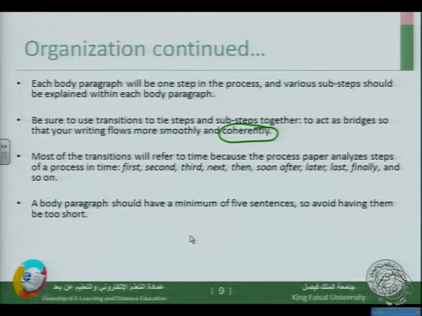For example, smoking causes heart attacks. This is my topic sentence. I need to mention some statistics or a doctor's opinion or a specialist's point of view about heart attacks caused by smoking.